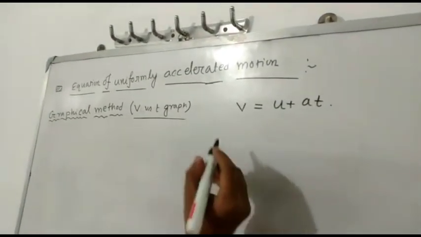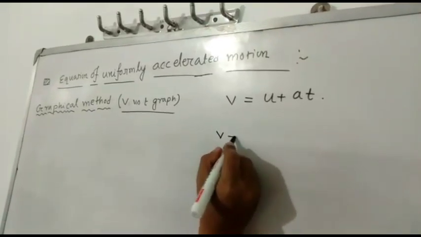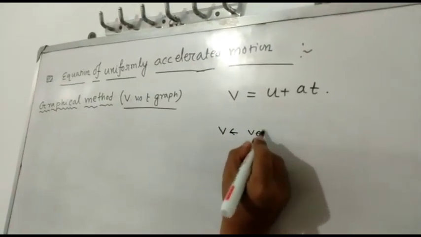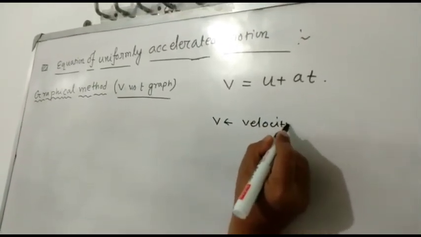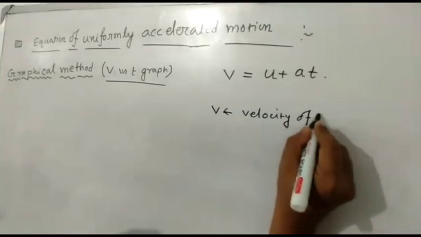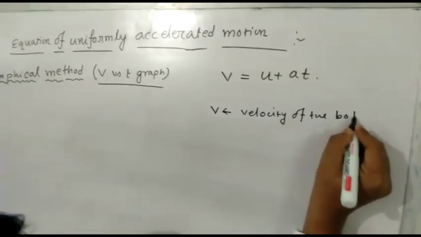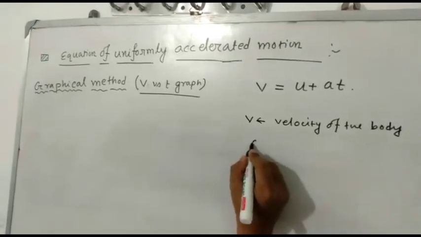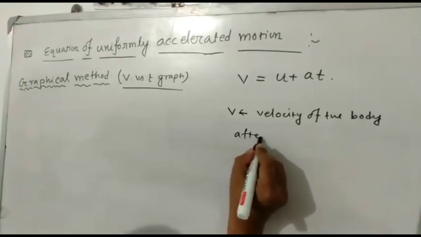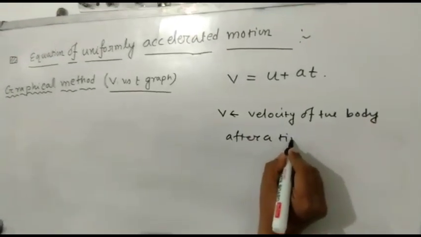First I write what is the meaning of v. V means the velocity of the body after a time t.